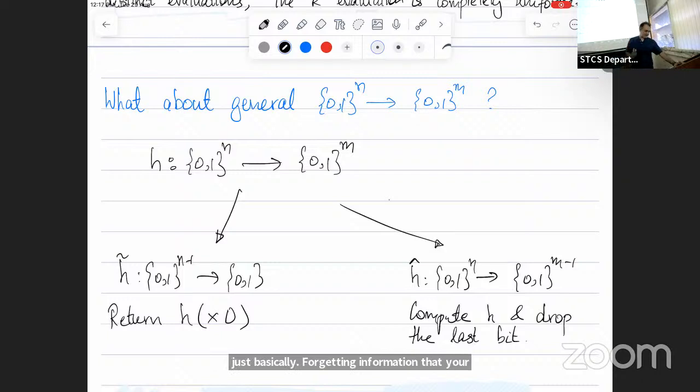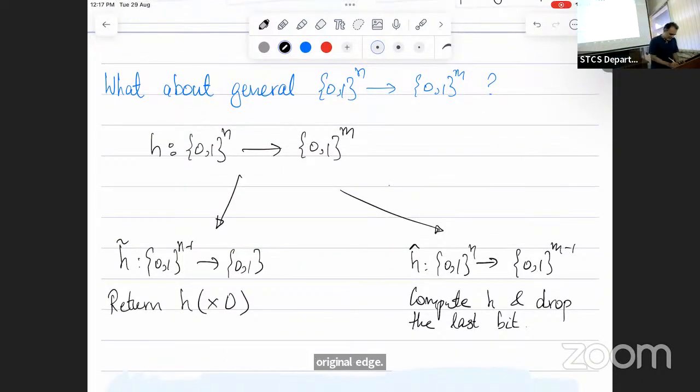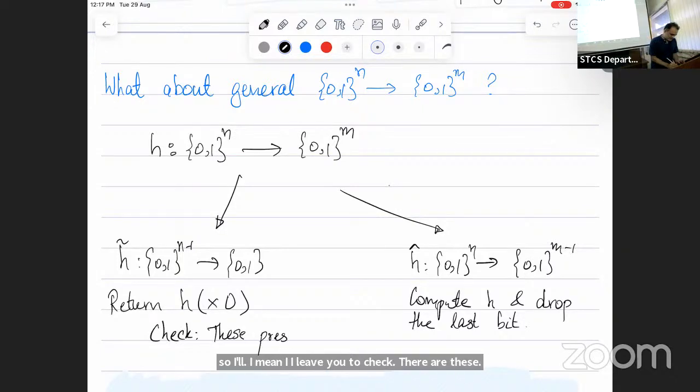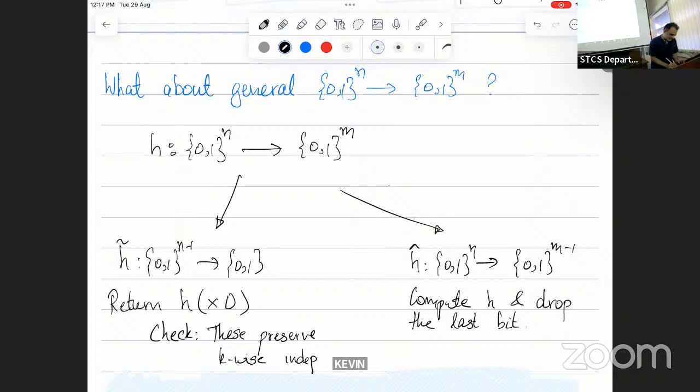So I'll leave you to check that these preserve k-wise independence. It's not hard at all. Once you notice it, you'll just be like, oh, this is obvious.